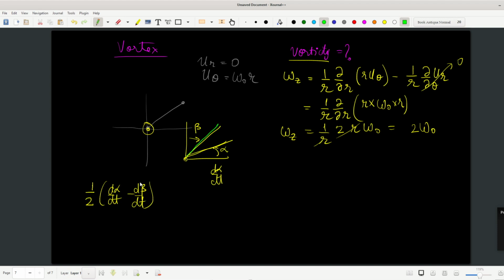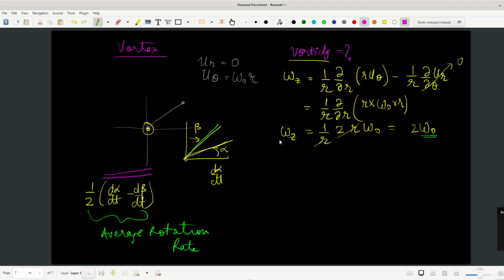So half of the sum is like the average rotation rate, is it not? So the average rotation rate becomes omega, half of the vorticity. And we have actually seen this also. Okay, we've done this in the kinematics part.